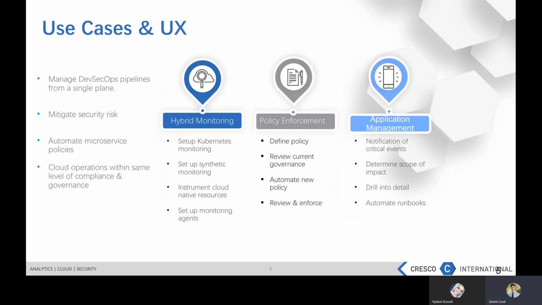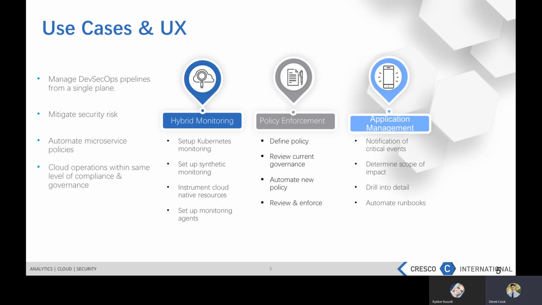So here's a few use cases, and then I'll cover the user experience as well after we go over the first three use cases. So the first one is hybrid monitoring. So for example, companies, they want a centralized management platform. So by using this platform, we're going to ensure the same level of compliance and governance within these cloud operations, which also relates to the data center.